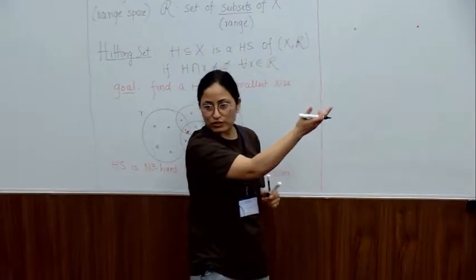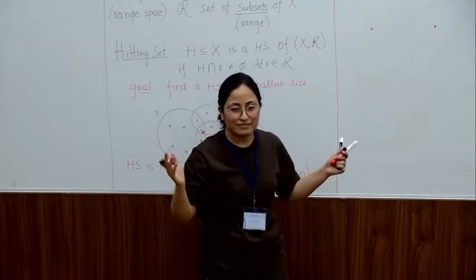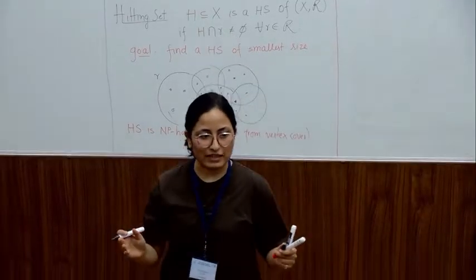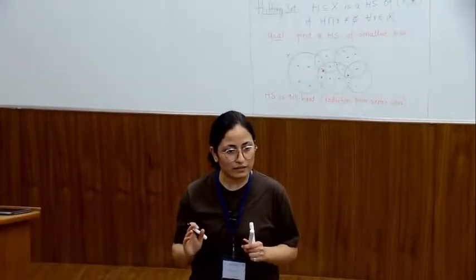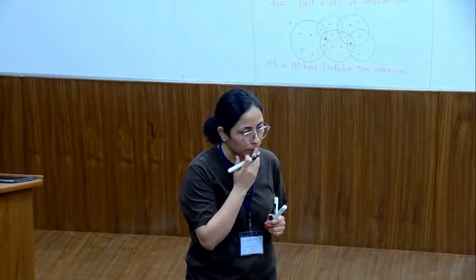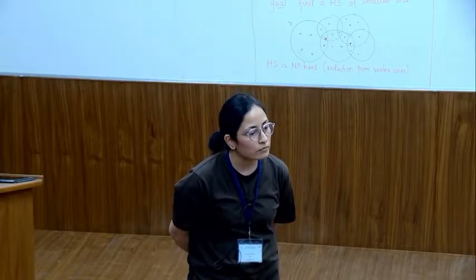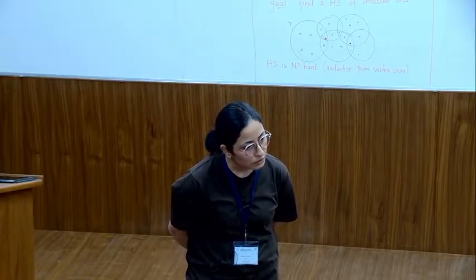Any 2 sets also you can do. The entire set also you can do. Empty set, pick the smallest square that does not contain any of these 3 points.